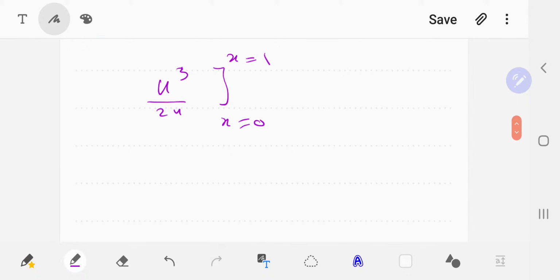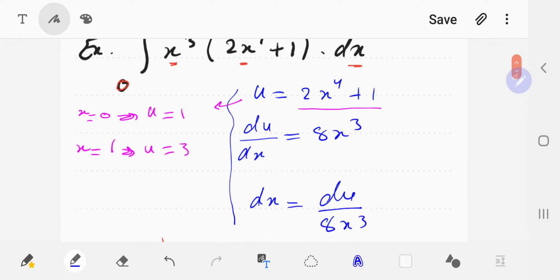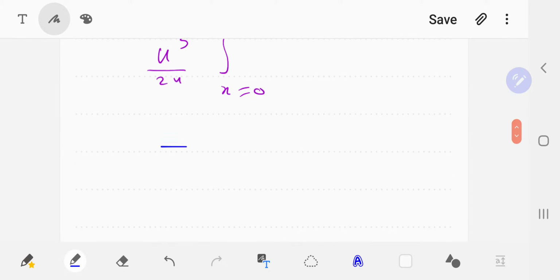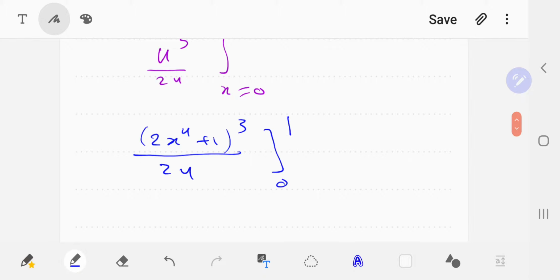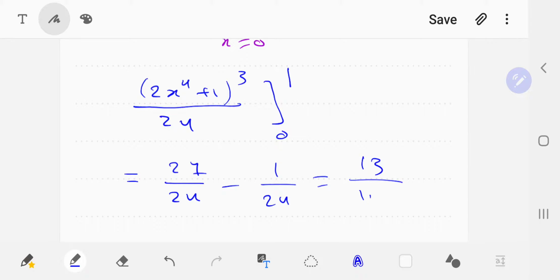You have to keep writing this until you replace the u, and u was 2x to the power 4 plus 1, so this will be 2x to the power 4 plus 1 all cubed over 24 from 0 to 1. Now I can remove the x because it's all x, so when you substitute you will get the same thing, 27 over 24 minus 1 over 24, and that would be 13 over 12. Same thing.